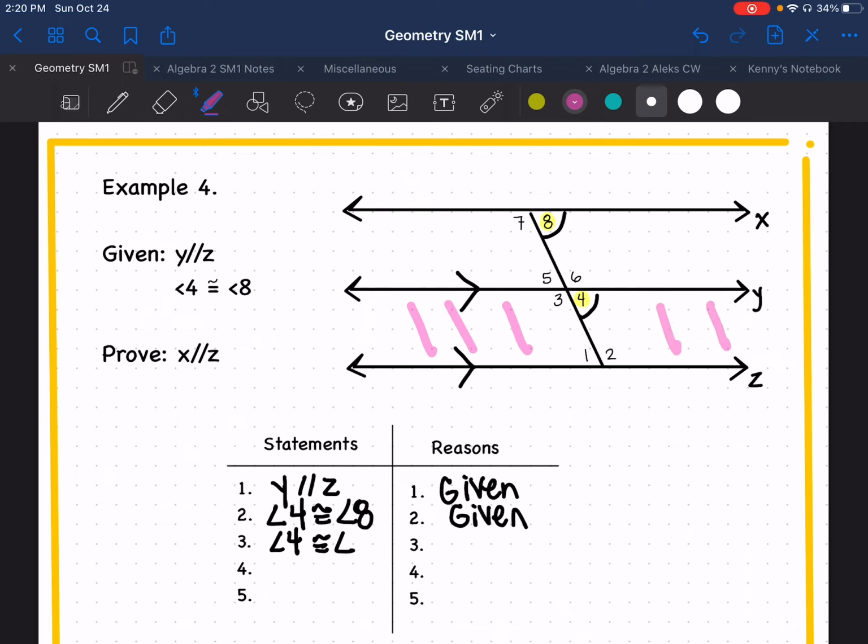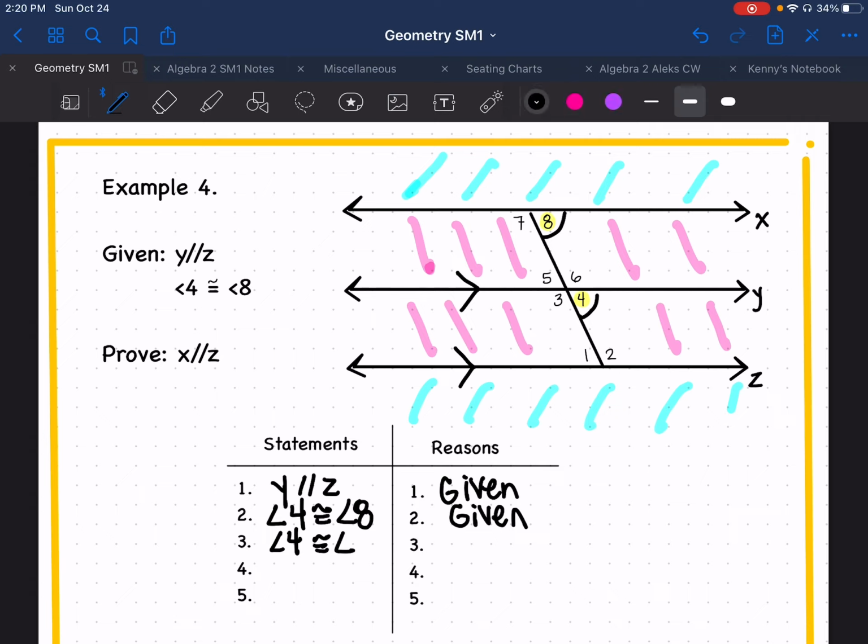These would be considered interior, and exterior would be out here and out here. So be careful, those are exterior angles. Everything else is interior. If this is my transversal, these two are on the same side, which means they're supplementary. So it would have to be angle 1. Those would be my alternates.